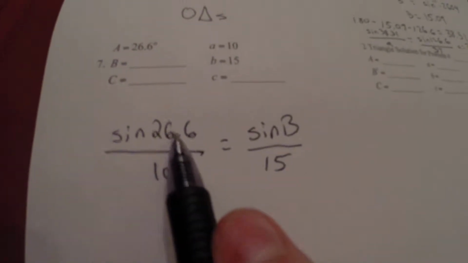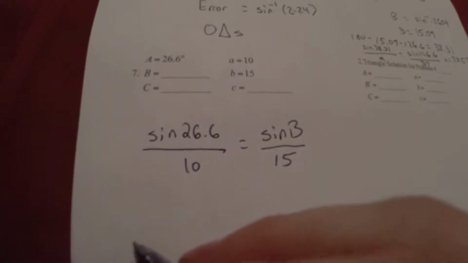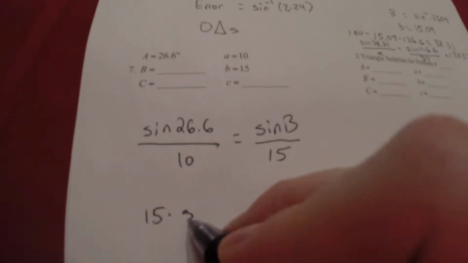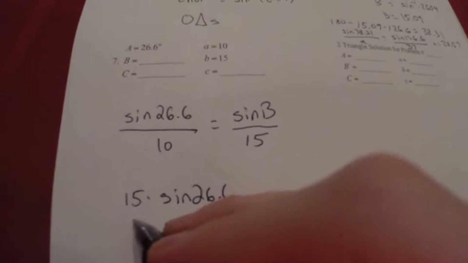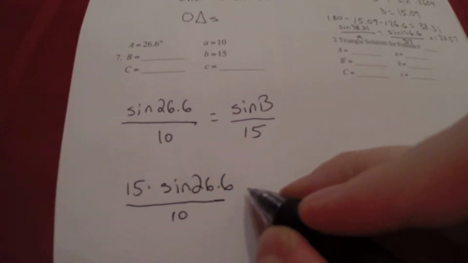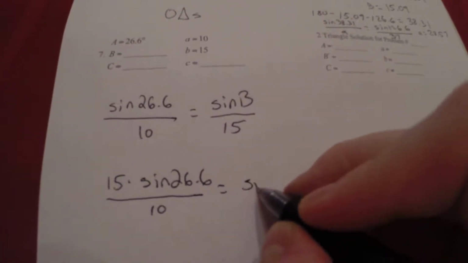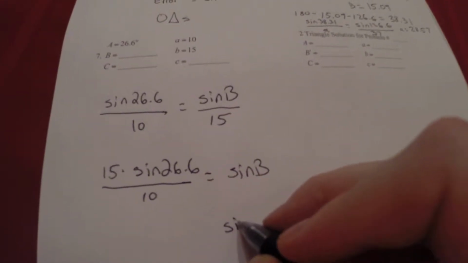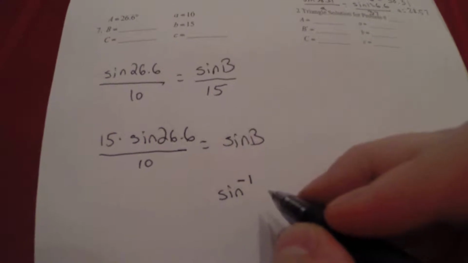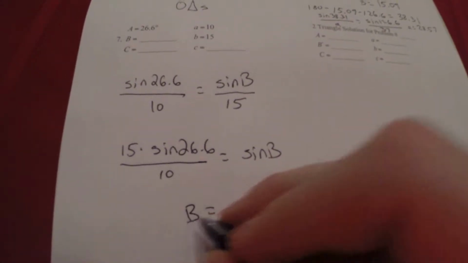Again, I'm going to go fast: this times this divided by this, so it's 15 times sine 26.6 all over 10. I really do hope that at this point you are comfortable with this. It does pay to be as efficient as possible when you do work, because you can see it's taking some time to write all this stuff out.